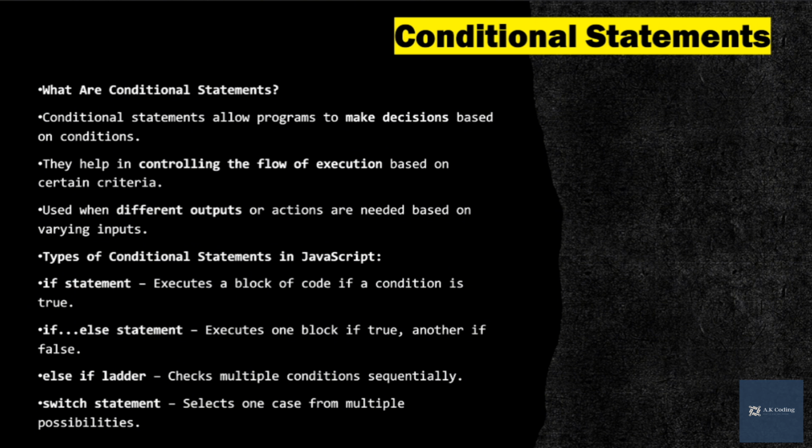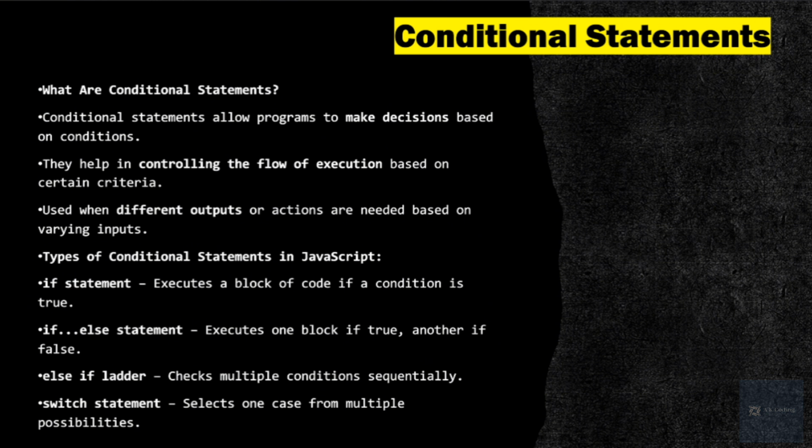So, why do we need them? We use them when different outputs or actions are needed based on varying inputs. The types of conditional statements in JavaScript are: the if statement, which executes a block of code if a condition is true, and if not, it continues or breaks. The if else statement executes one block if true, another if false.